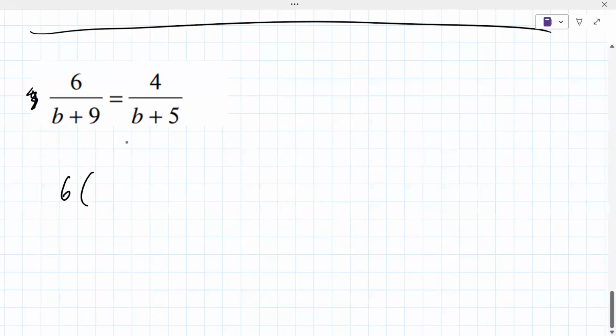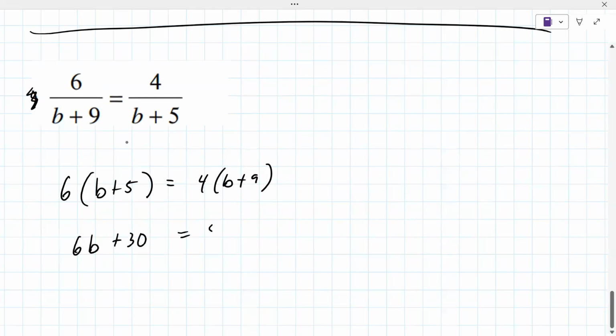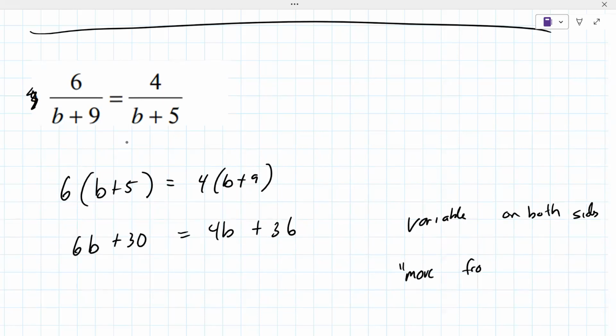This time you have variables on both sides of the equation. And so when you distribute in here, you get 6b plus 30 equals 4b plus 36. When you have variables on both sides, which is the case here, you move from the smaller to the larger.